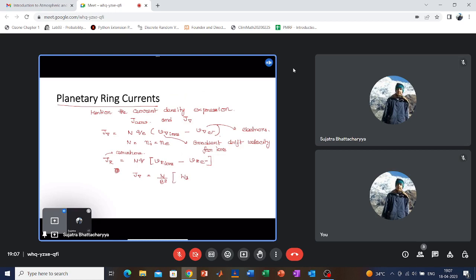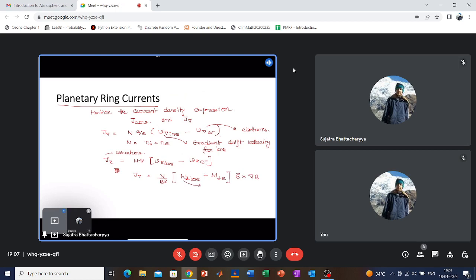This is W perpendicular of ions plus W perpendicular of electrons, and you have B cross grad B, the same expression which we have for the gradient drift.